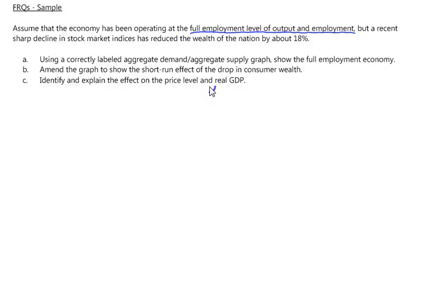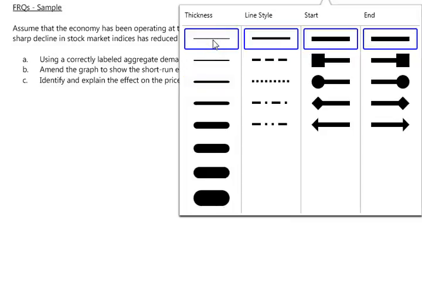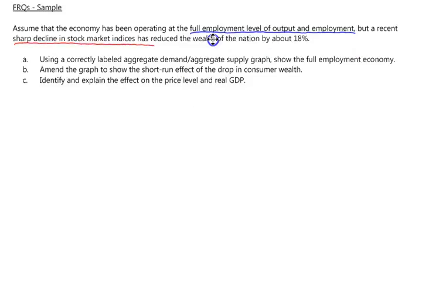Then we also want to pay attention. It says a recent sharp decline in stock market indices has reduced the wealth of the nation by about 18%. So notice a sharp decline has reduced the wealth of the nation. That's going to be our change.